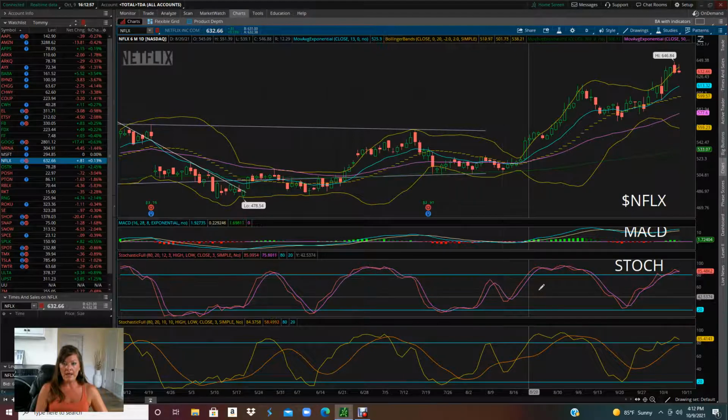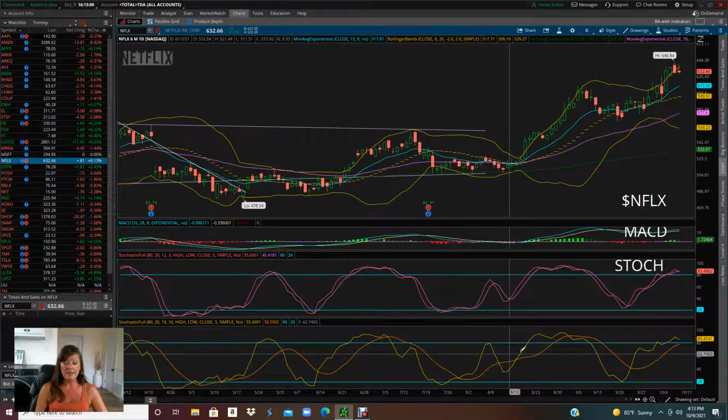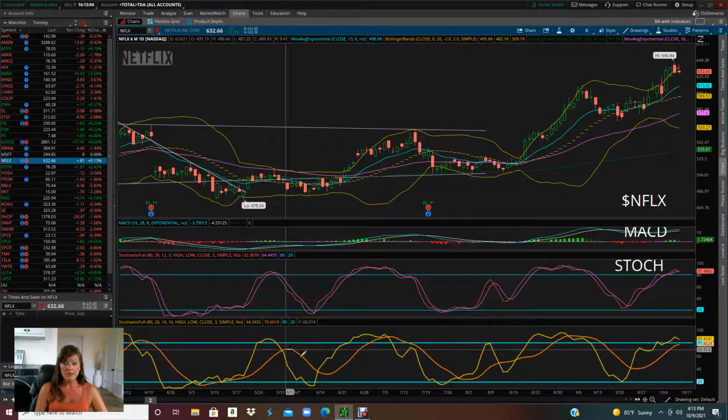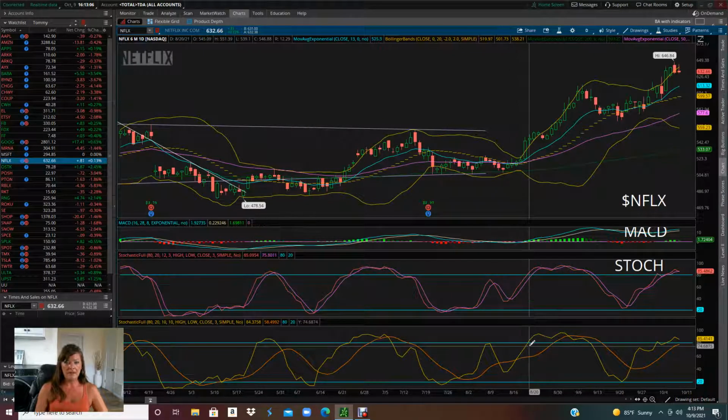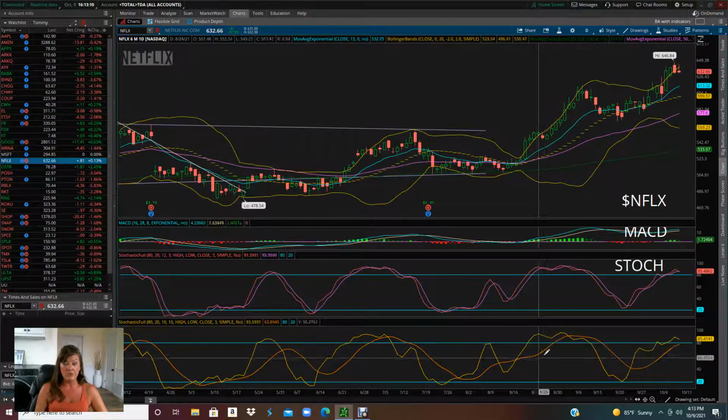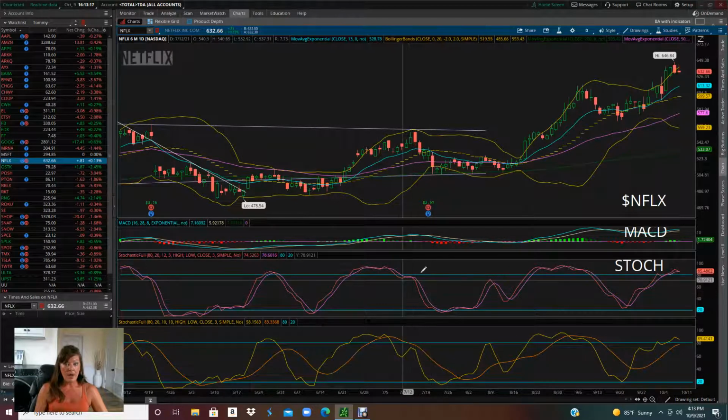This is my stochastics, and this is the default stochastics. See how erratic and choppy that is? I'd struggle to read any kind of reversals or bullish or bearish momentum based off the default. So that's why you need to tweak your parameters to make yours run smoothly.